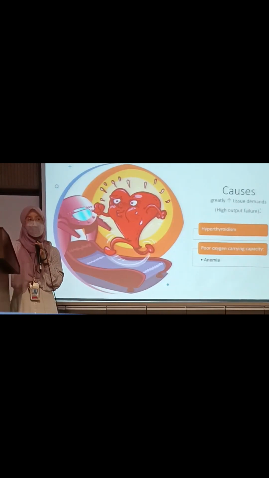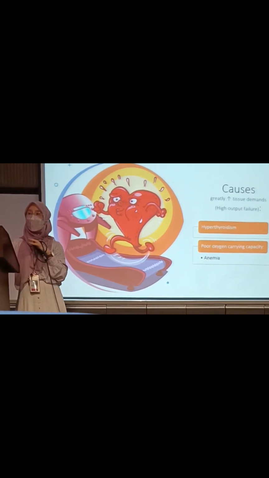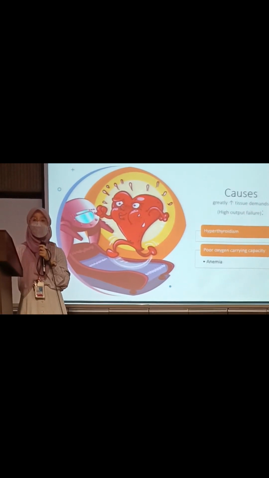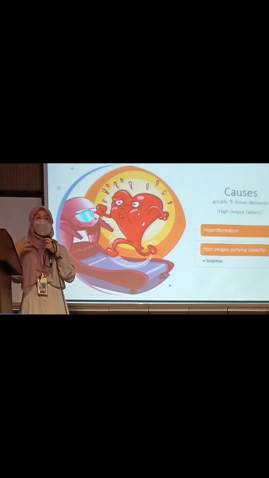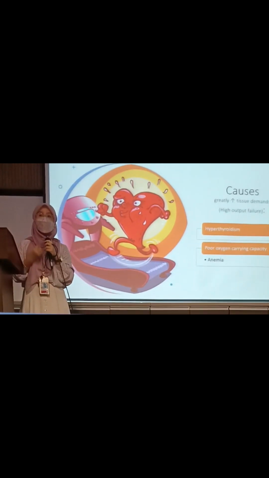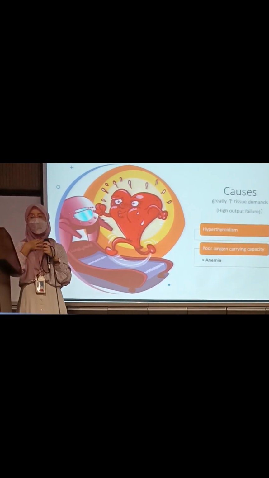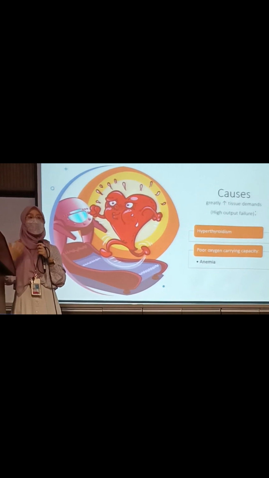So other than that, heart failure ada juga high output heart failure, whereby there is an increased demand of the tissue. So in what case? Contoh macam in anemia, because in anemia the oxygen carrying capacity is reduced, but the body still needs the oxygen. So what will happen is heart tu akan bergerak dengan lebih laju. So stroke volume remains the same, but dia nak supply extra.